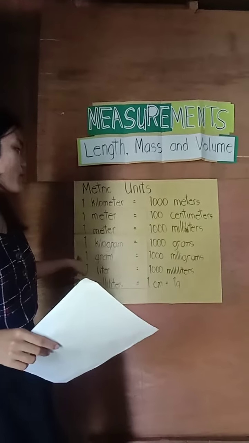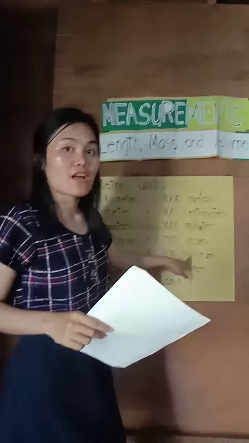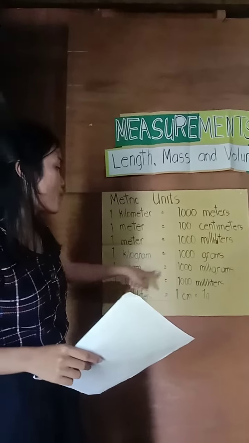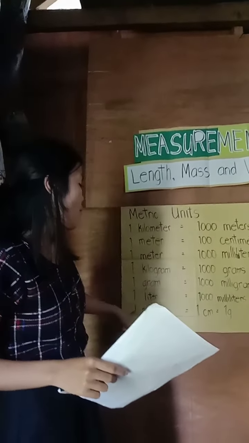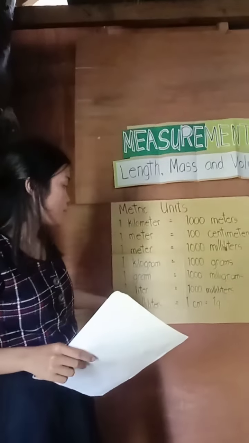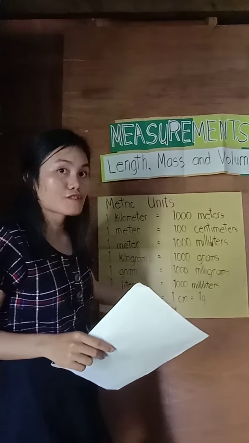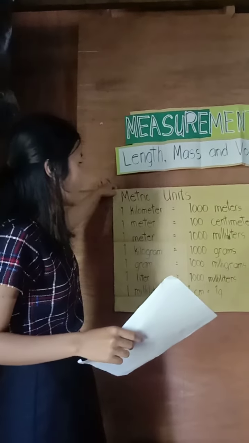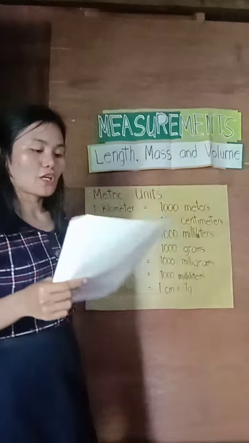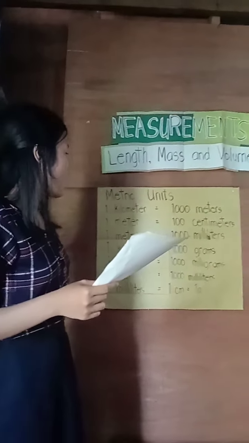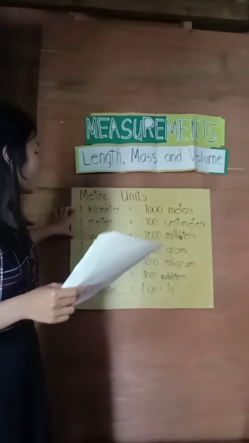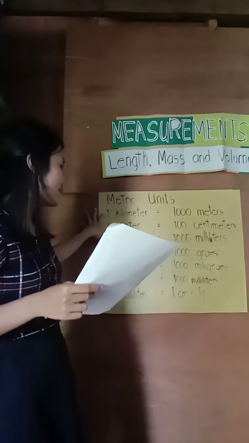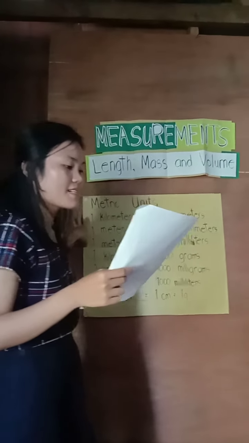And 1 gram is equivalent to 1,000 milligrams. 1 liter is equivalent to 1,000 milliliters, and 1 milliliter is equivalent to 1 centimeter and also 1 gram, so they have the same value.